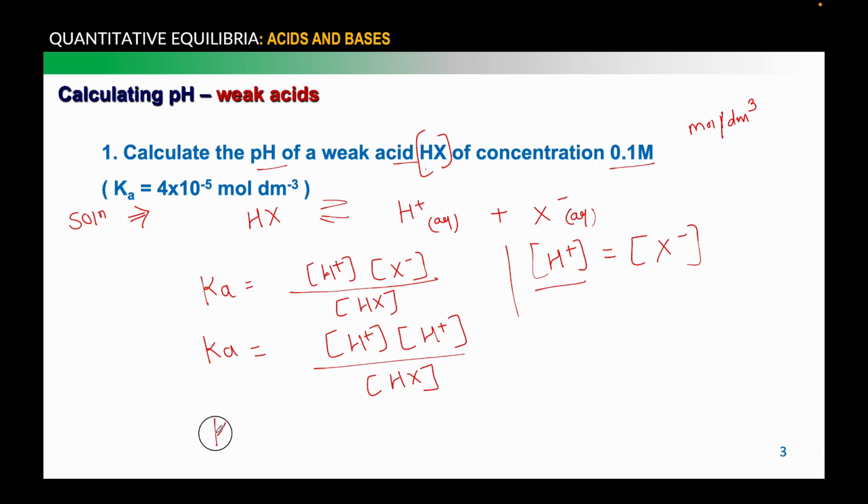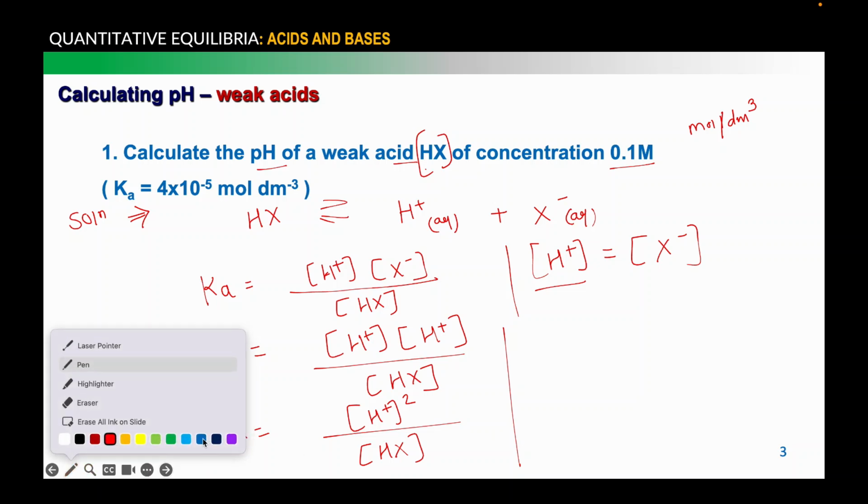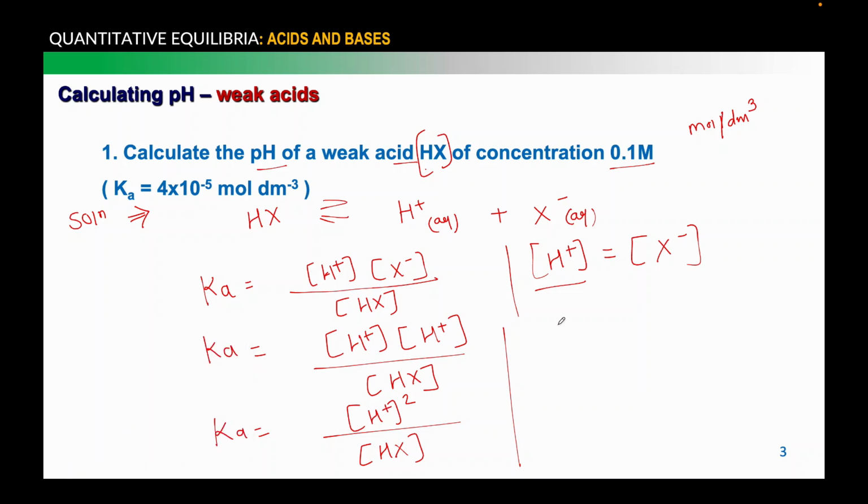So Ka is equal to H plus square over HX. From this we can get equation for Ka.